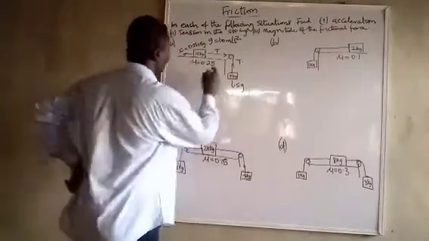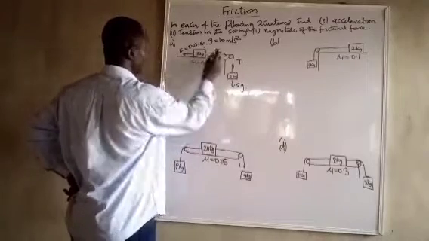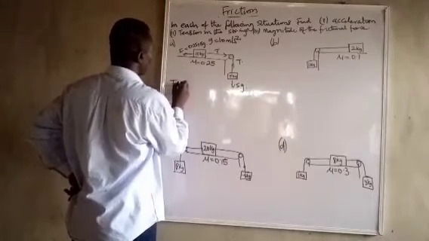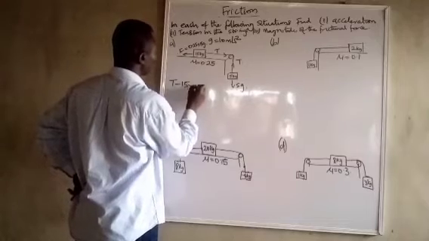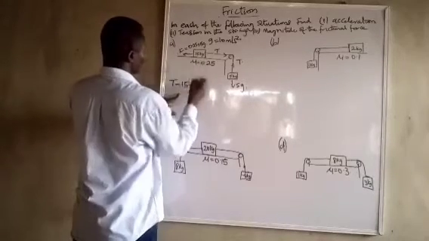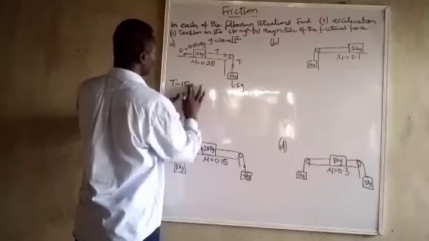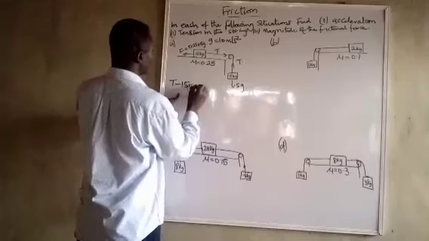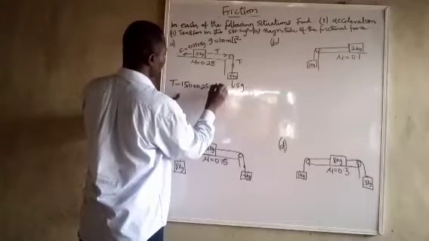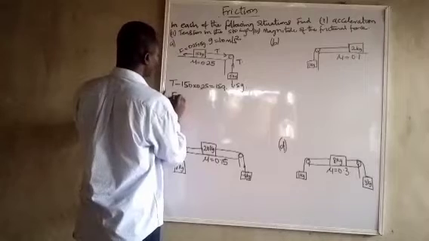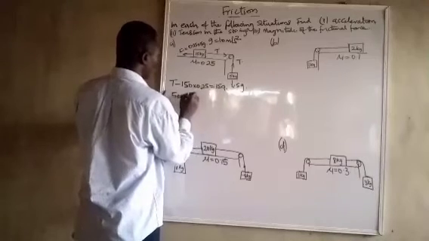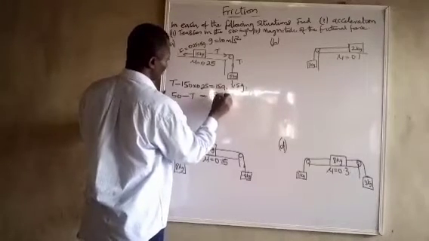Now let's start. T minus 15g, sorry, that is 150, times 0.25 is equal to 15a. 5g, that's 50, minus T is equal to 5a.